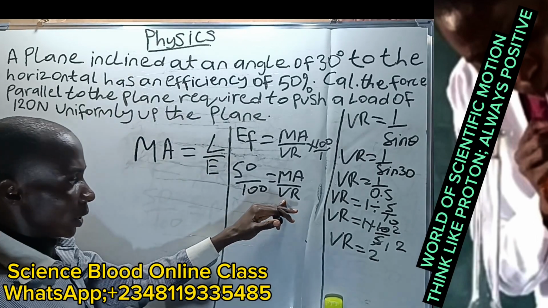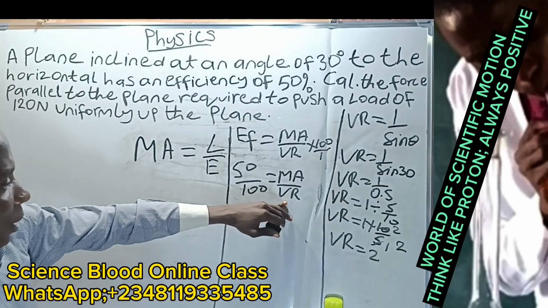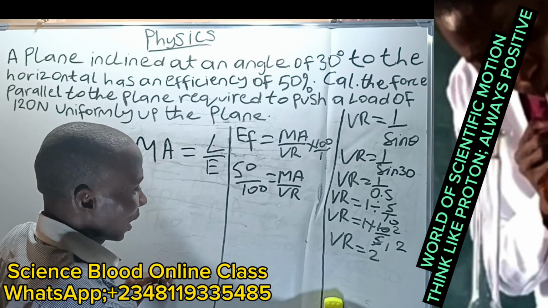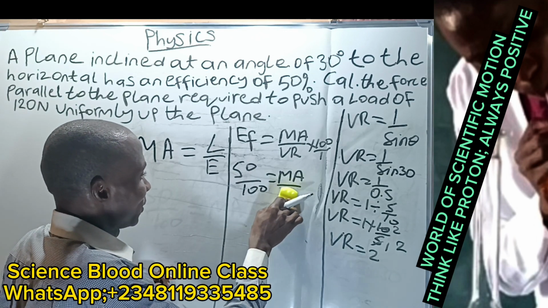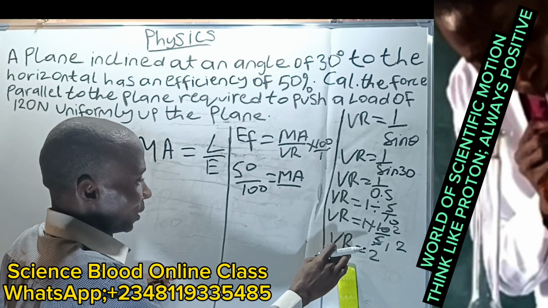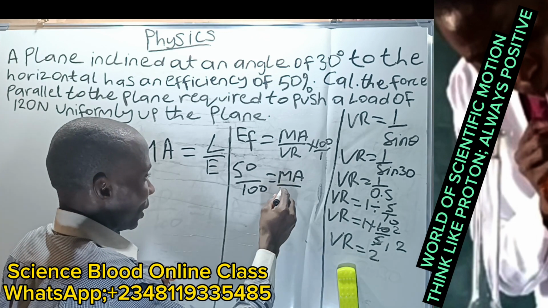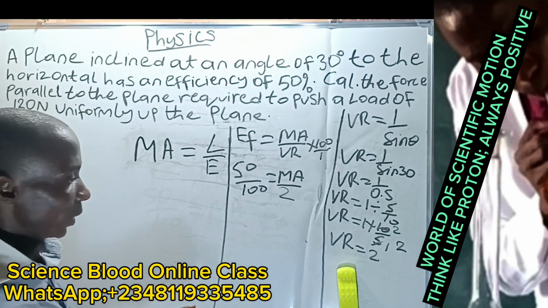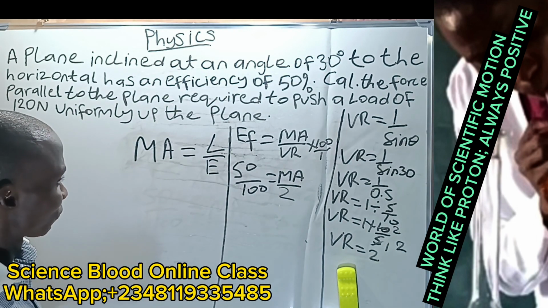Therefore, velocity ratio equals 2. Okay, let's come back to this. Without wasting much time, let us delete this. Since velocity ratio is equal to 2, let's just put 2 here. Now what are we going to do?